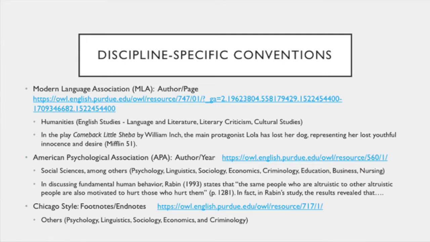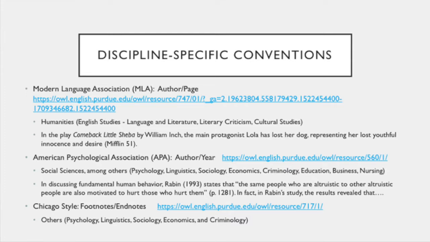And finally, there is something called the Chicago style for these same disciplines: psychology, linguistics, sociology, economics, and criminology, journalism even, and sometimes even some other fields. Chicago style is the footnote-endnote system where you put a number 1 superscript at the end of a sentence, and that number refers to a citation in the bibliography, so your bibliography is numbered.